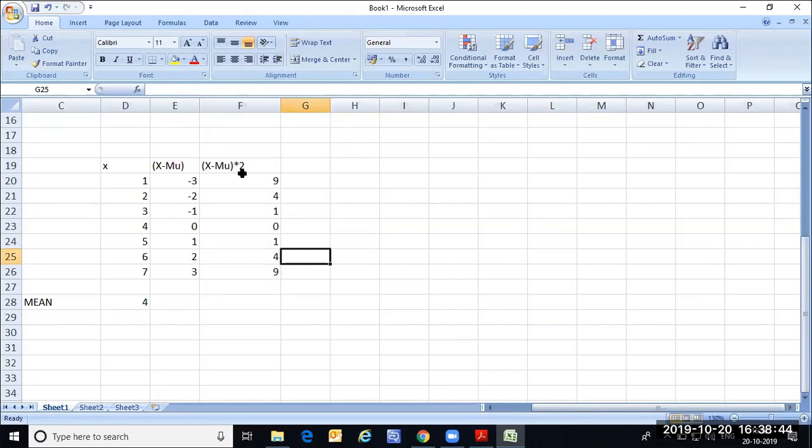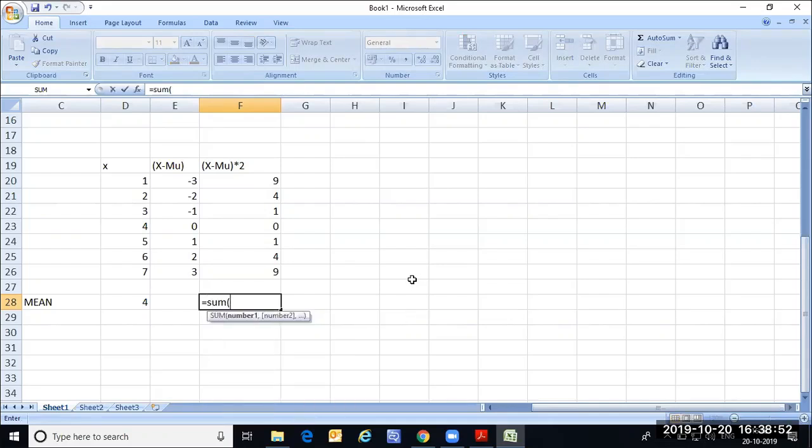And how are we calculating the variance? We are taking a summation of it. Summation of x minus mu whole square, divided by capital N. Capital N is nothing but the number of data points. How many data points do we have? So this is nothing but your variance.